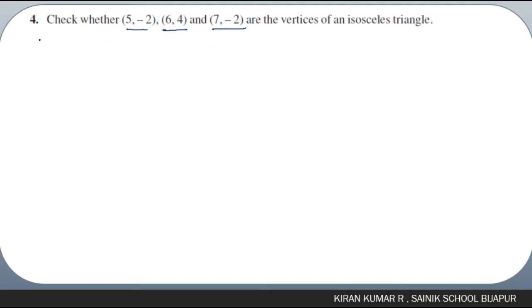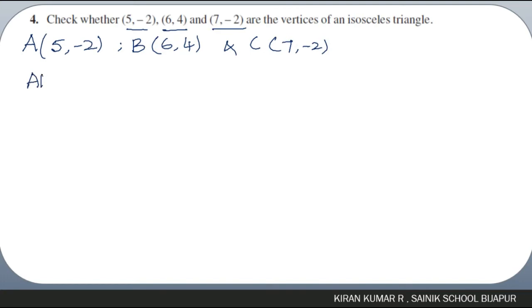Again, for the sake of checking whether it's an isosceles triangle or not, I would like to name the point A to be (5, -2), point B to be (6, 4), and point C to be (7, -2) as the vertices of the triangle.